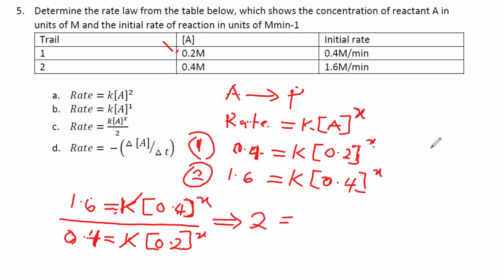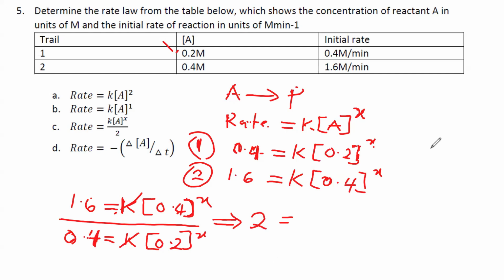And then we have 0.4 divided by 0.2, which is going to give us 2. Here we have x and here we have x.